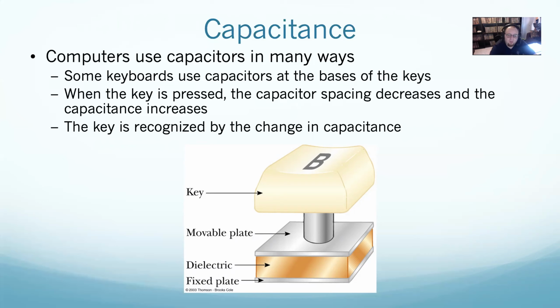Between those two metal plates, it's just a capacitor. When you press down the key, you squeeze the area in between, changing the distance between the plates. By changing the distance between the plates, you're changing the capacitance, and the computer can detect that. That is one of the ways keyboards can work. So there's a practical use right there.